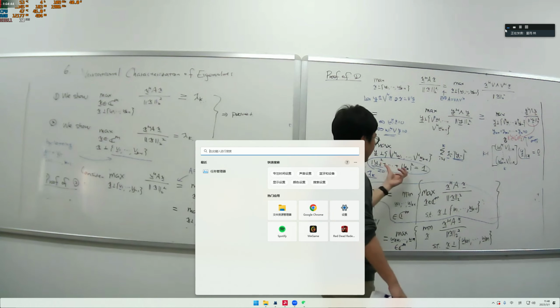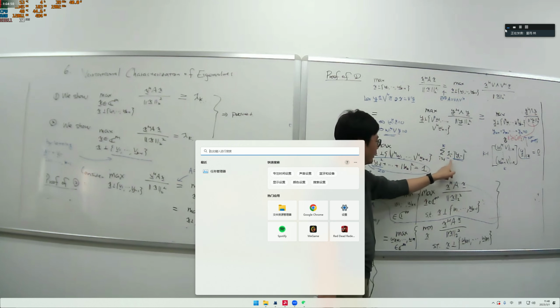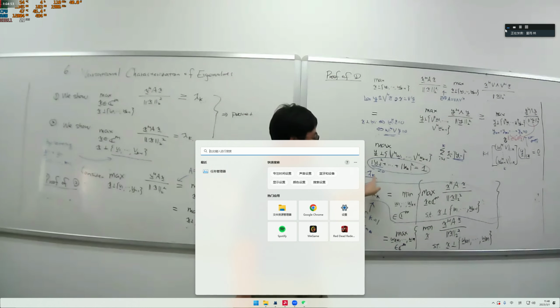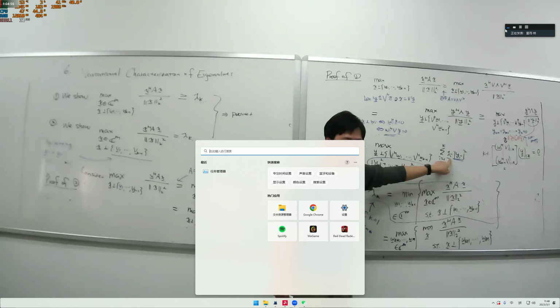Okay, this is called convex combination. The coefficient summation equals 1 and non-negative. And the minimal is equal to the smallest value over lambda 1 to lambda k.